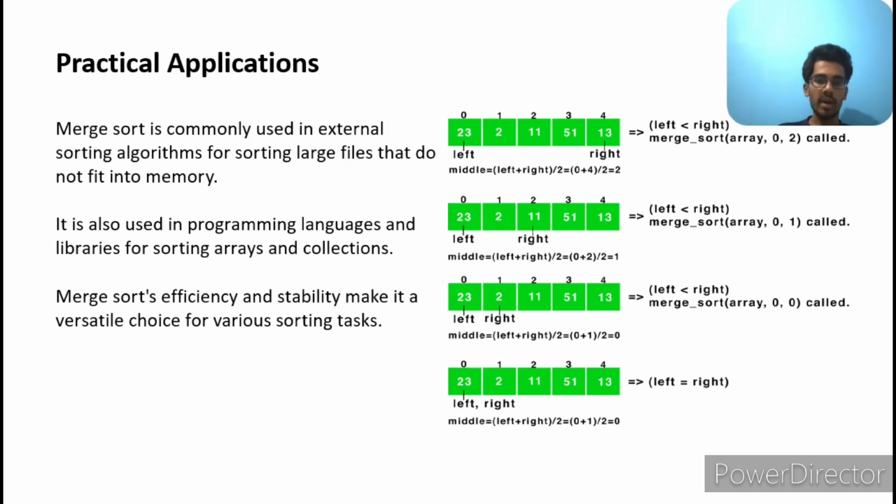Next, practical applications. Merge sort is commonly used in external sorting algorithms for sorting large files that do not fit into memory. It is also used in programming languages and libraries for sorting arrays and collections.